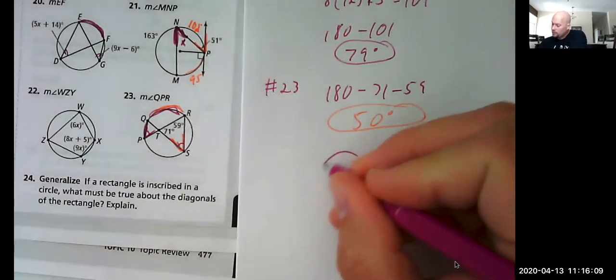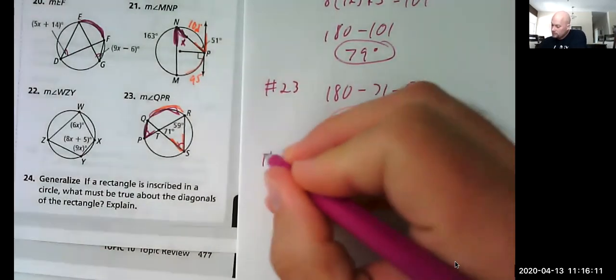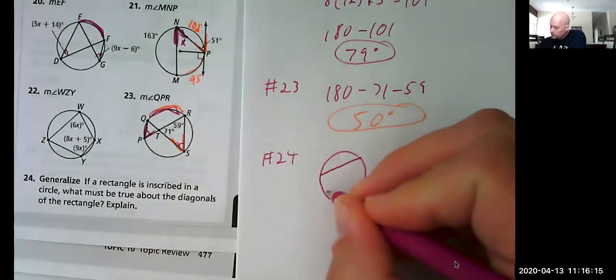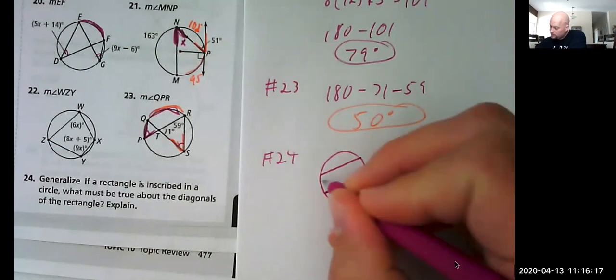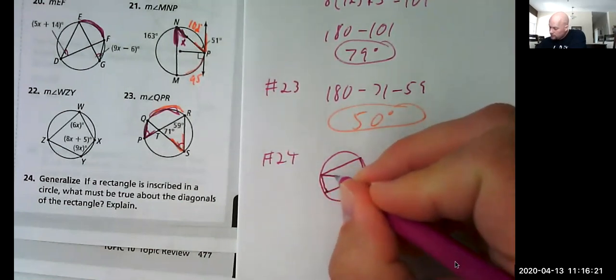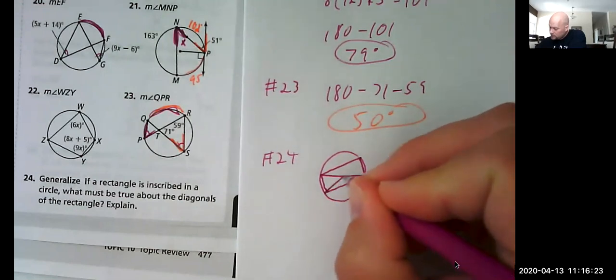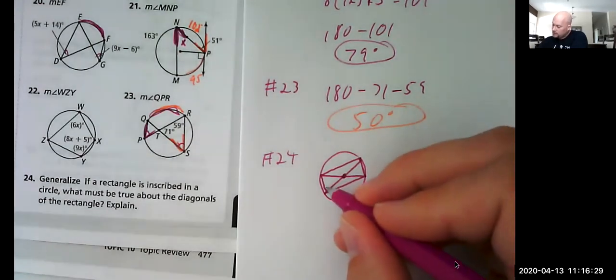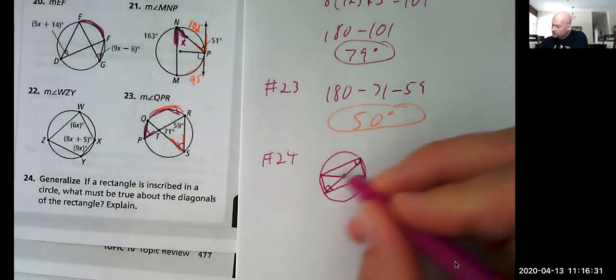So I have to draw a picture for this. Again, if we were to draw a rectangle and draw on the diagonals, wherever they're crossing is at the center of the circle, because each of these is a 90-degree angle.